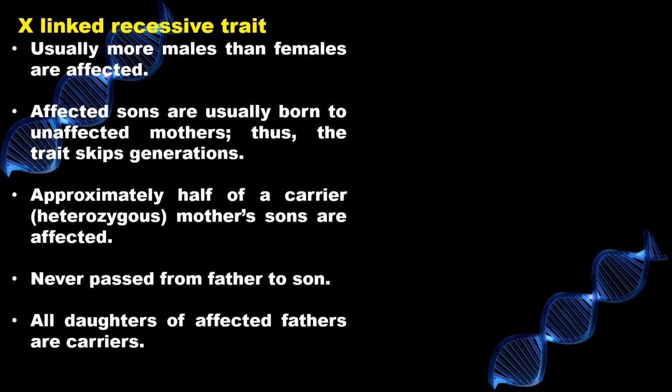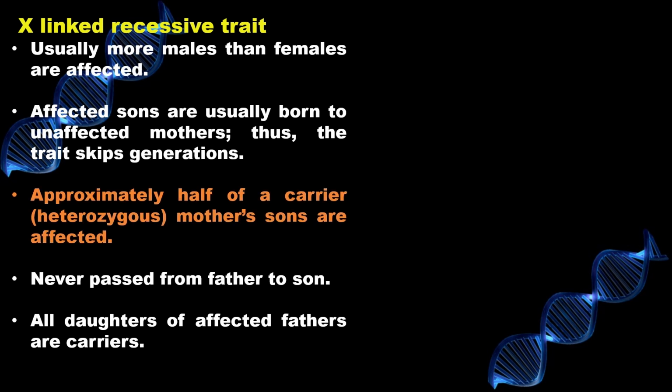Now we can check the next trait, that is X-linked recessive trait. In this, the X chromosome is being affected. Usually more males than females are being affected. The affected sons are usually born to unaffected mothers, thus the trait skips generation.